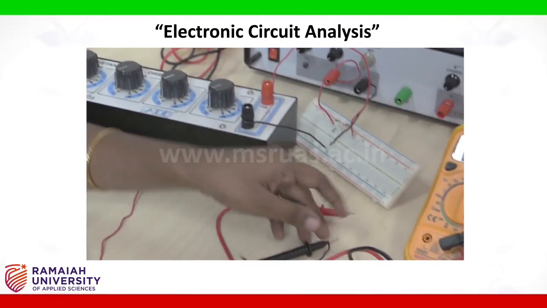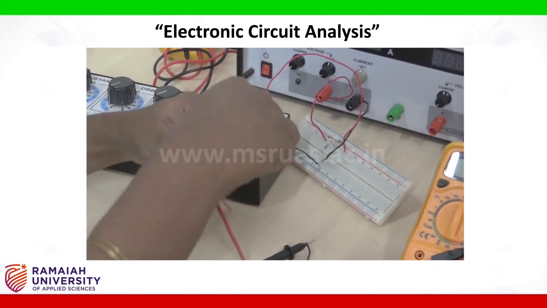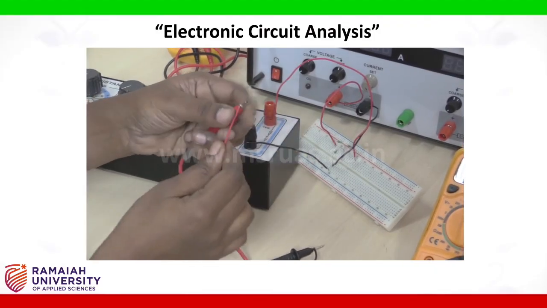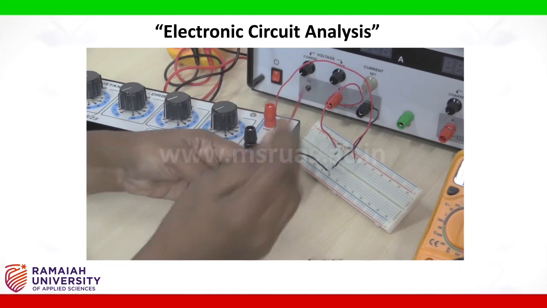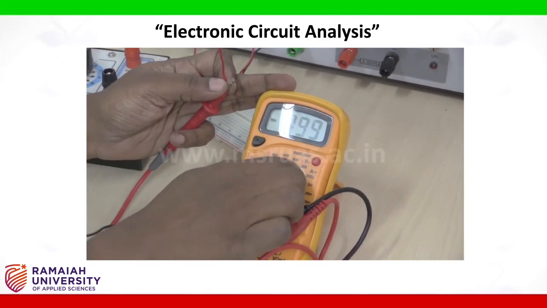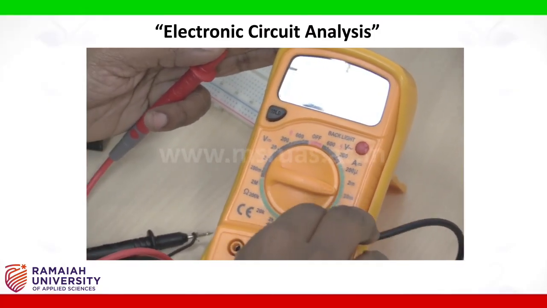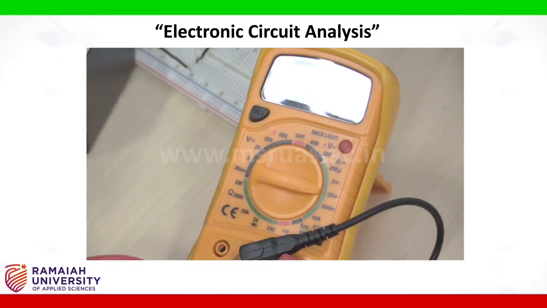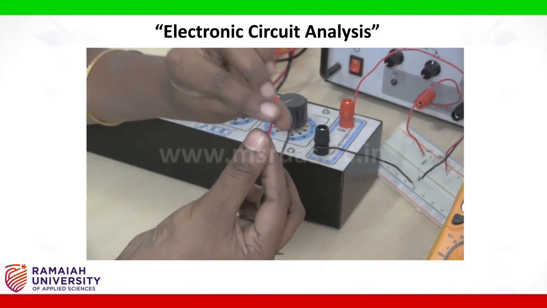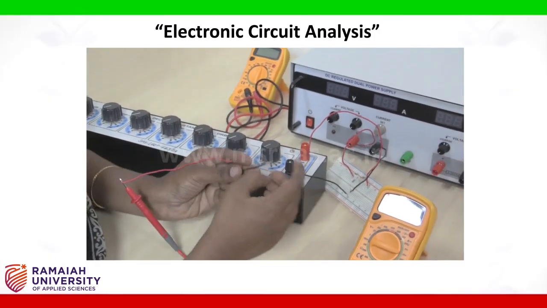Take one more connecting wire and wind it to ammeter. Put the knob in 20 milliamps position. Connect the ammeter to measure current flowing in the DRB.